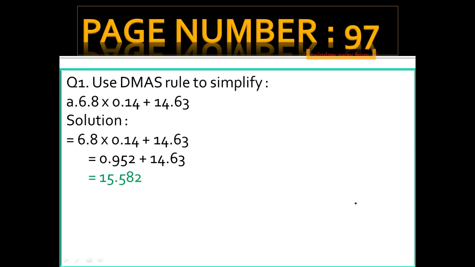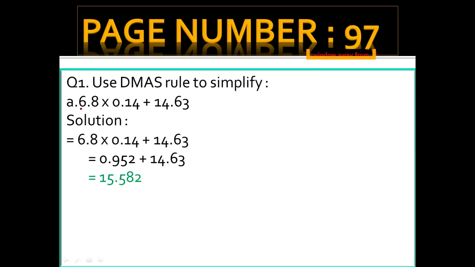Again, I am explaining the DMAS rule: first we do the operation of division, then multiplication, addition, and in the end we do the subtraction. And we use the DMAS rule on those questions where 3 or more than 3 operations are given to us and it will be difficult to know which operation we will do first. So for this, we use the DMAS rule.